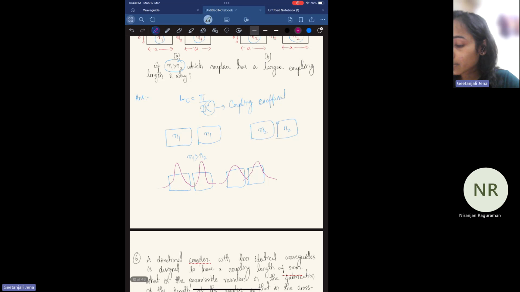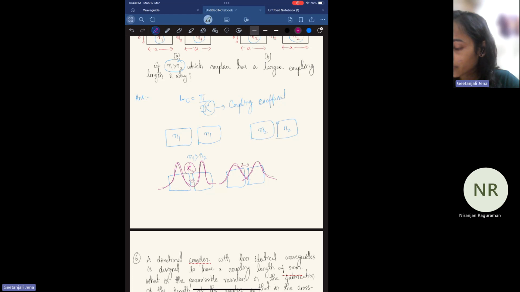So higher refractive index means it will be more confined to the core layer than in the cladding layer. So that means the interaction, that is the kappa, is related. So kappa in such a case will be small, but here these are linking to the cladding layer.